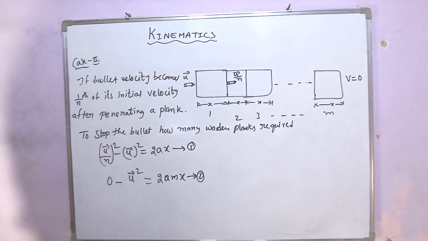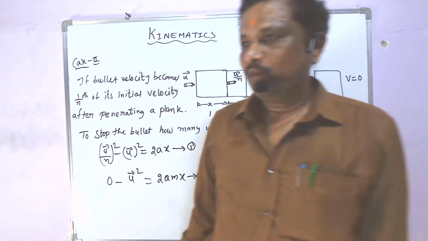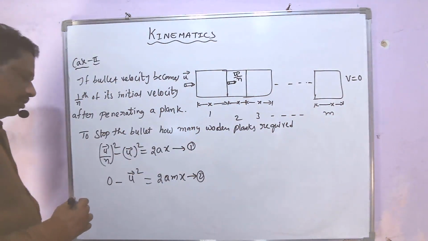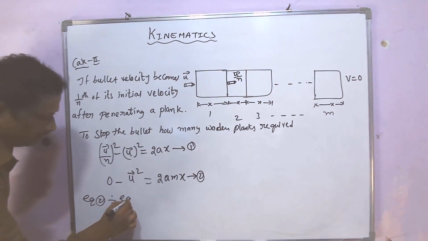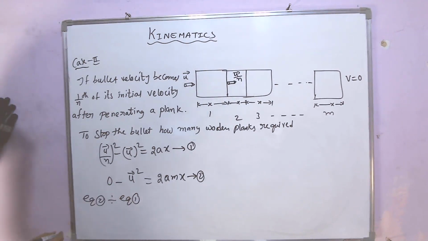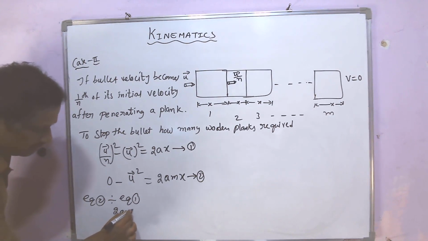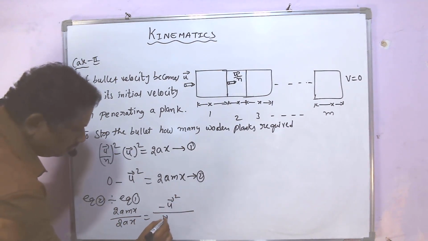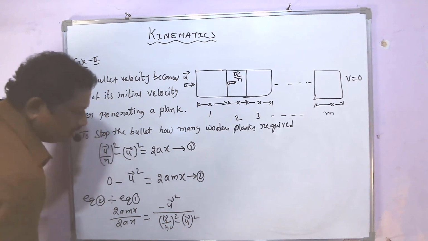Now divide equation 2 by equation 1 to solve for m, the number of planks required, or number of wooden blocks required. So 2amx divided by 2ax is equal to minus u square divided by u by n whole square minus u square.